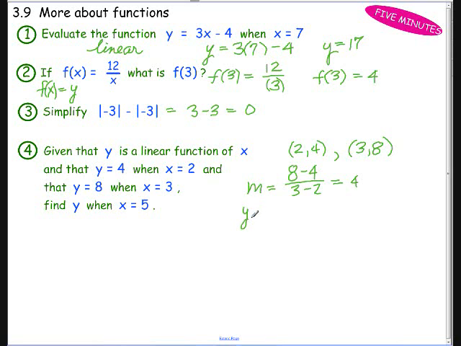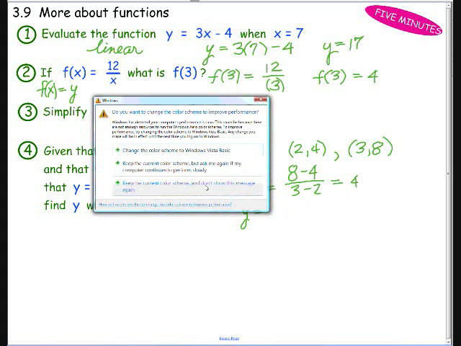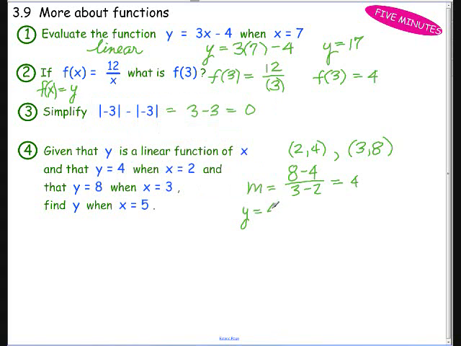We don't know what our y-intercept is yet, but we can figure it out in just a moment. We're going to use the slope-intercept form of a linear equation, which is y equals mx plus b. So this would be the m in this case. In our example here, our m is 4, so we're going to say 4x, and we don't know what our y-intercept is, so we'll put that in as b. We can use either one of these points. Which one do you think would be easier to work with?